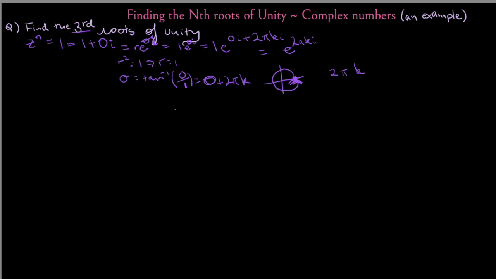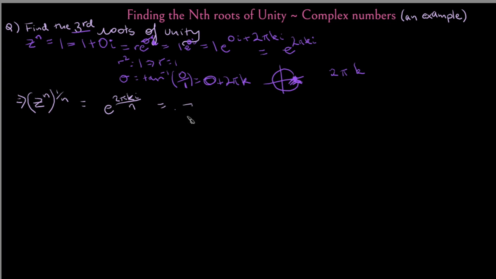Now we've concluded that z to the power of n is equal to e to the power of 2 pi ki. So we're going to take the nth root on both sides of this equation. This implies that z to the power of n, taking the nth root, is equal to e to the 2 pi ki, with the nth root on this side.